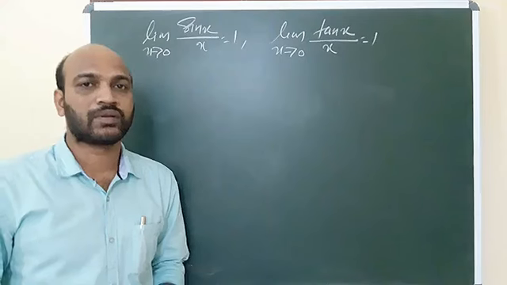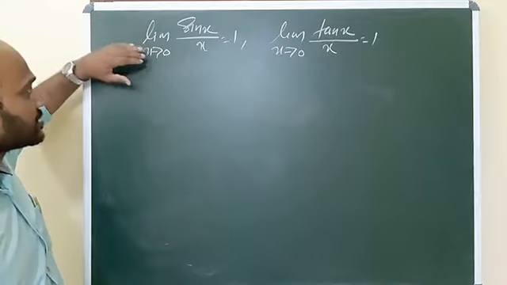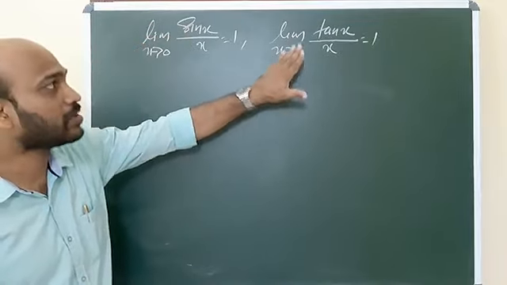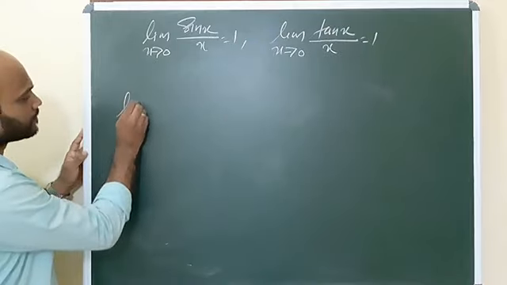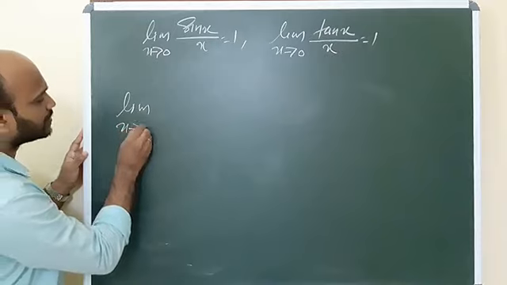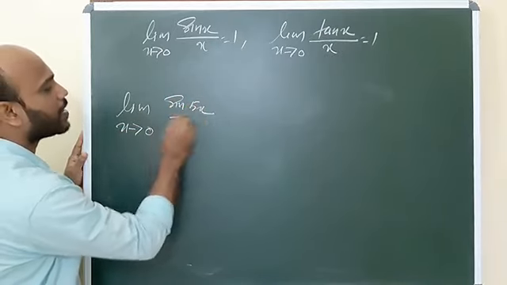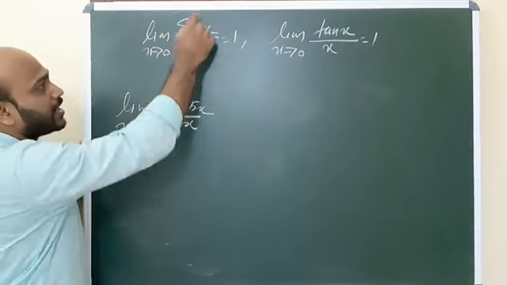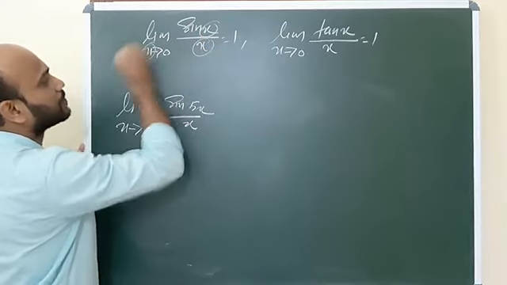Okay. Now we can do some problems by using the formulas. Limit x tends to 0 sin x by x equal to 1 and limit x tends to 0 tan x by x equal to 1. First question, evaluate limit x tends to 0 sin 5x by x. Here you have to note down one thing. Limit x tends to 0 sin x by x equals 1 if these two variables are the same.